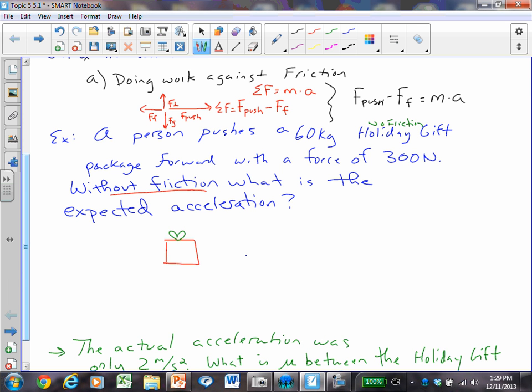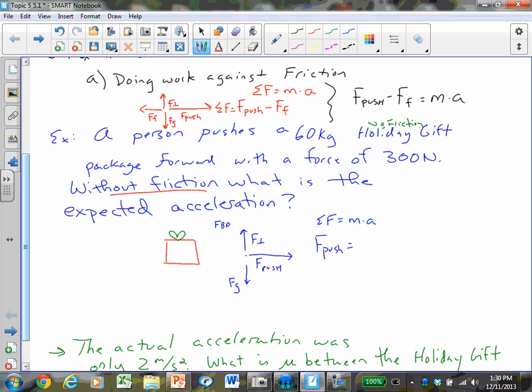So our FBD that we start with here has this push force, an upward F perpendicular and a downward Fg. And so in this case, the sum of the forces is mass times acceleration, but there's only one force in that x direction, so the loser is 0, and equals mass times acceleration.